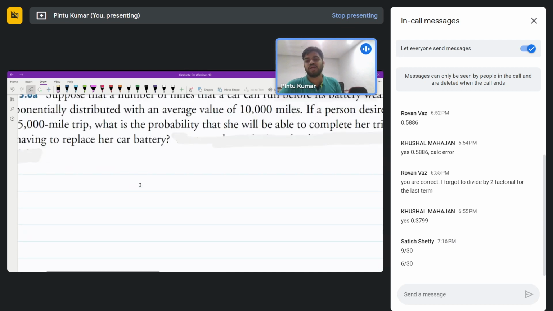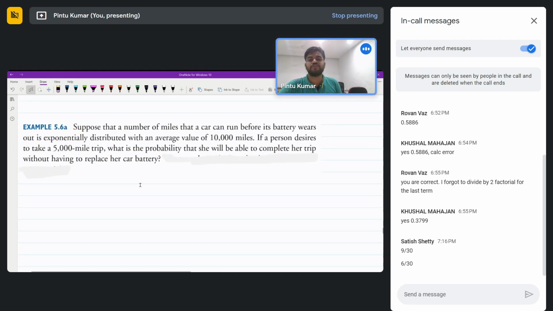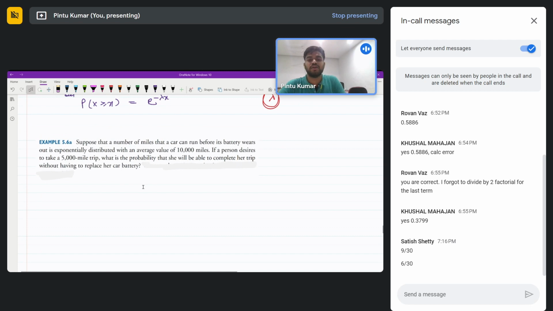So it is saying that suppose the number of miles that a car can run on a battery is exponentially distributed with an average of 10,000 miles. So your mean is given to be 10,000 miles. After 10,000 miles, that is the time your battery will die or you will have to replace the battery.